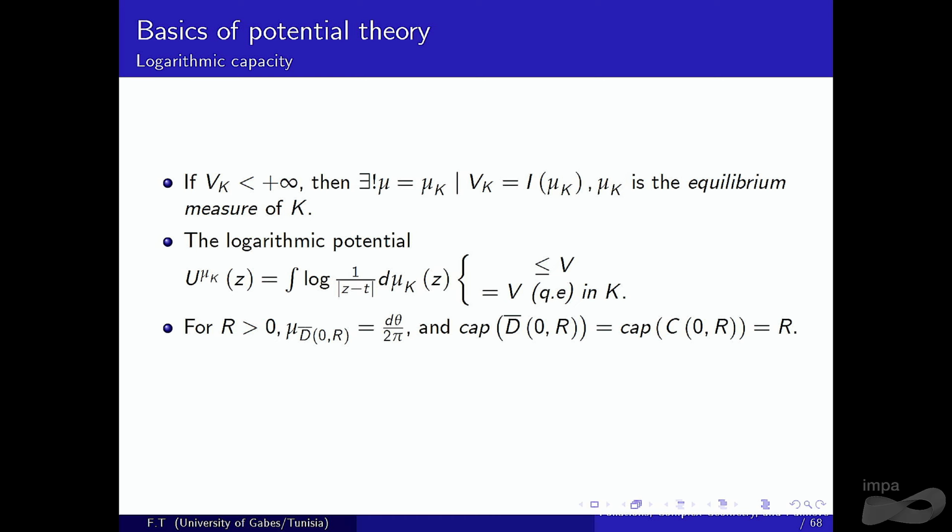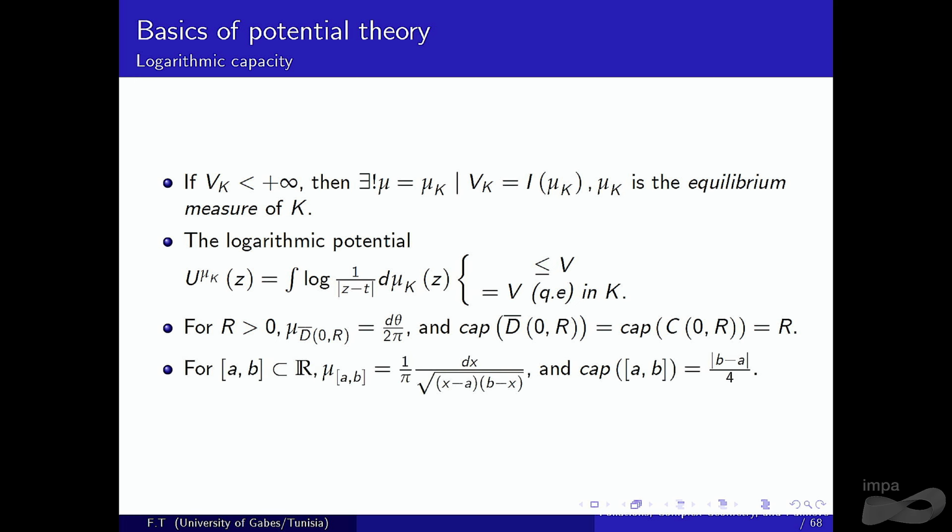For example, the capacity of the disk with radius r equals the capacity of the circumference with radius r, which equals r, and the equilibrium measure is d theta over 2 pi. For the segment [a, b], its capacity is given by the absolute value of b minus a over 4, and this is its equilibrium measure.